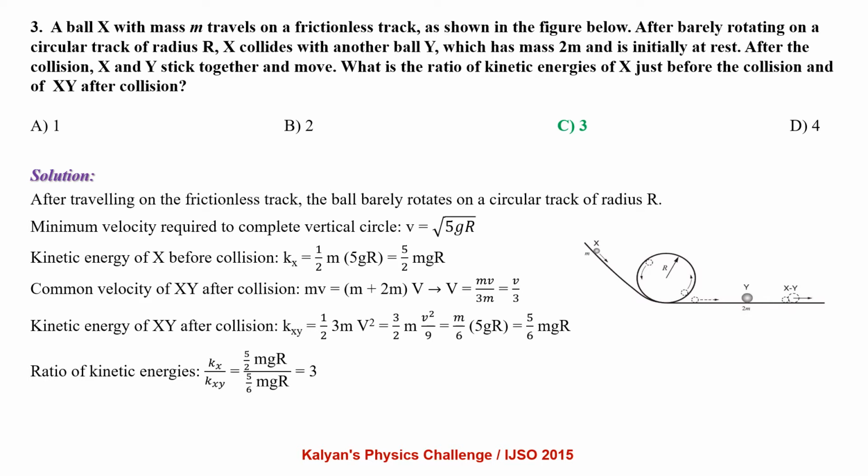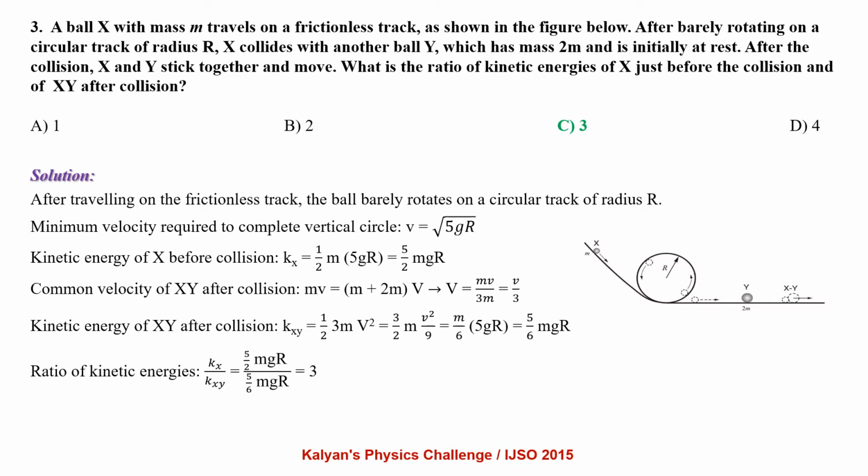After traveling on the frictionless track, the ball barely rotates on the circular track of radius r. Minimum velocity required to complete vertical circle v equal to root 5gr. Kinetic energy of x before collision kx equal to half into m into (root 5gr) whole square, that is 5 by 2 mgr.